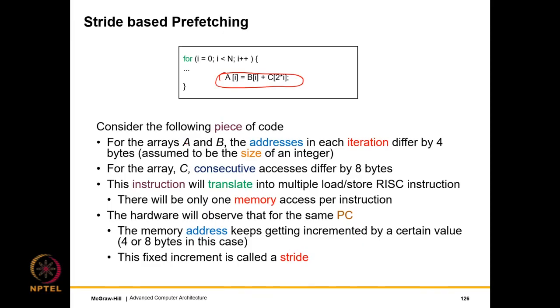This instruction will translate into multiple load store RISC instructions, right? Sorry, it should be an S over here. And there will be only one memory access per instruction. So what will happen is that the hardware will always observe the same PC.